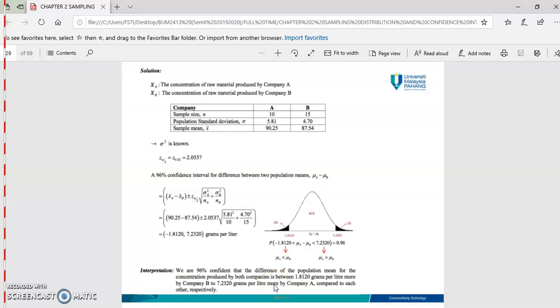So quite long, compared to when we have the positive confidence interval. If both are positive, how do we interpret? Similar to what we did for the single population mean.